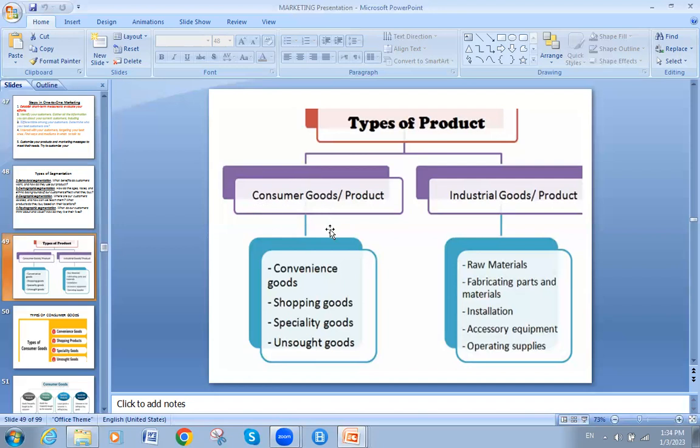Let's see also the consumer goods, for example the convenience goods, like we talked about before. These are things very attainable to you. You can reach them very easily, like salt, soap, sugar, cigarettes, newspaper. All of this we call convenience goods.